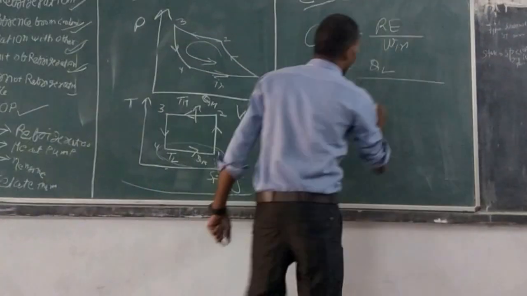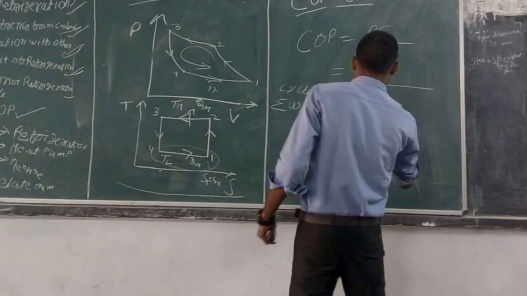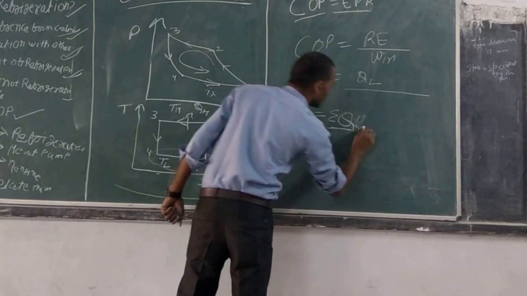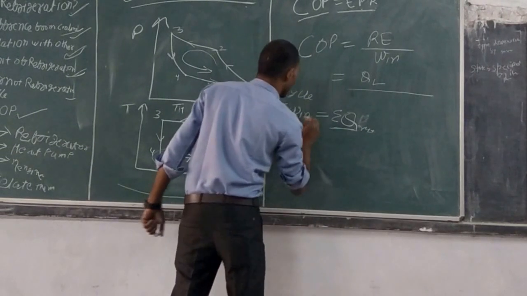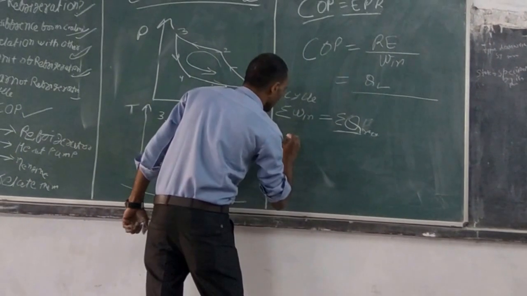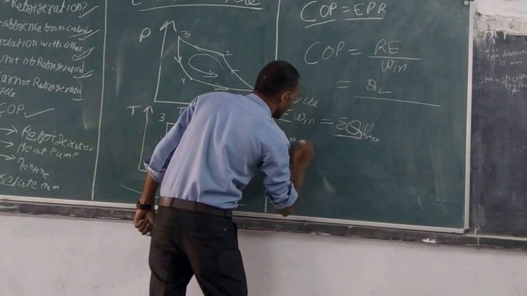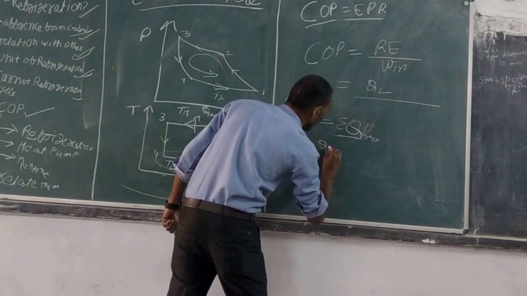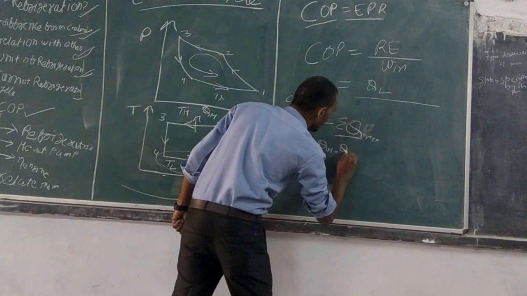So if we can calculate this Q net, we can show that W input is equal to QH minus QL.